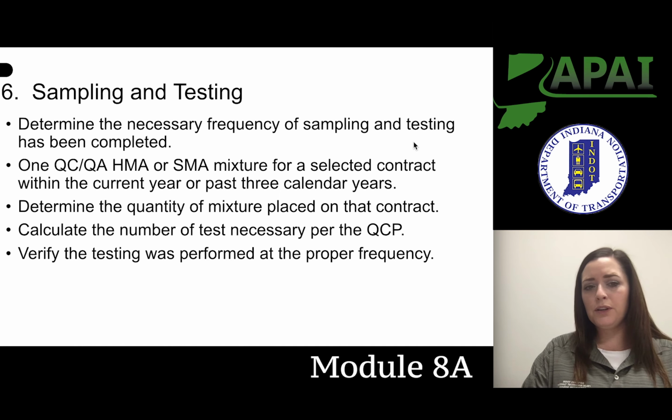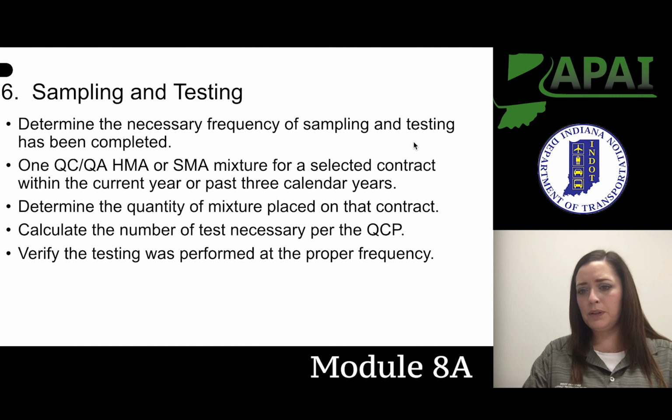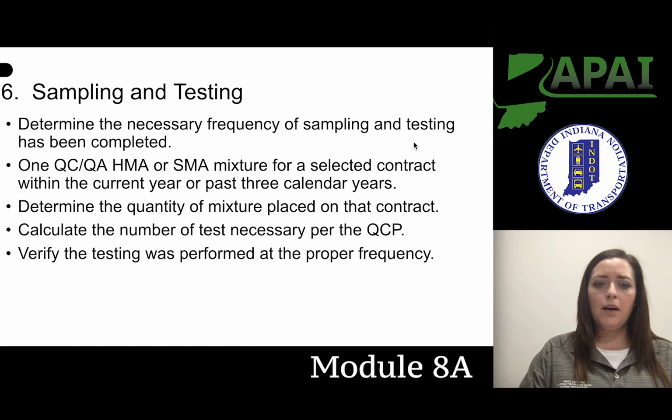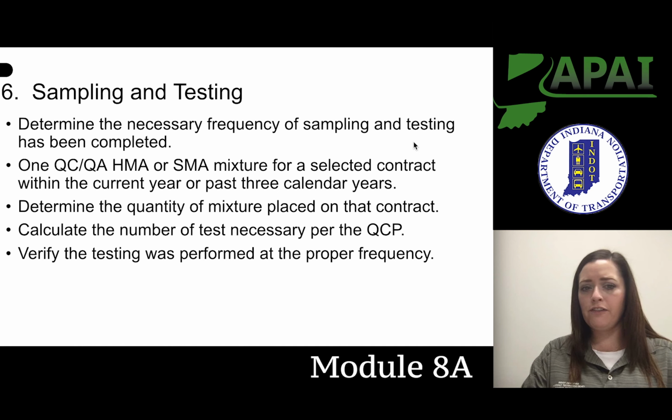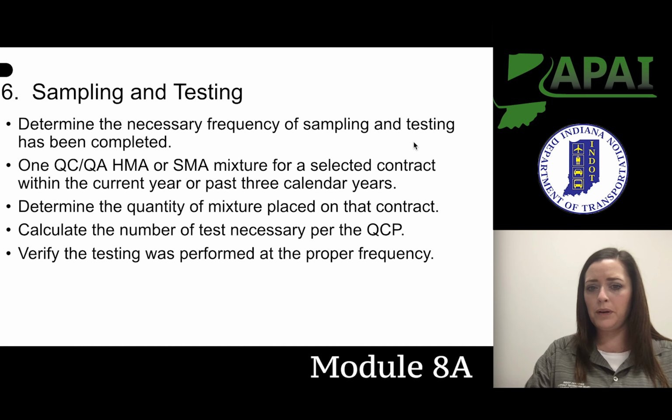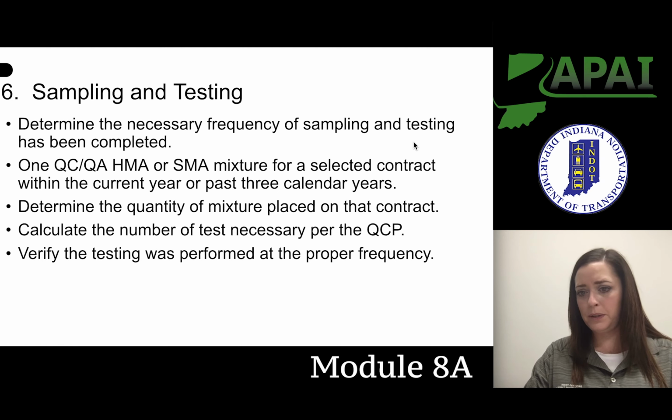So one QC/QA HMA mixture or SMA mixture is selected, and then you determine the quantity of mixture that was placed for that contract, and then you calculate the number of tests per the quality control plan. This is done to verify that all of the testing that we do in the quality control program is done at the proper frequency.